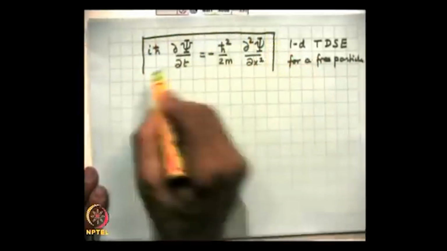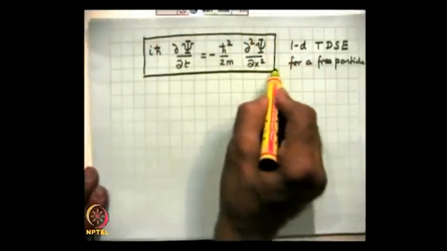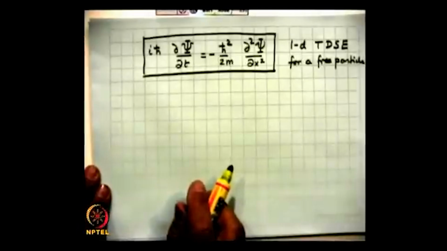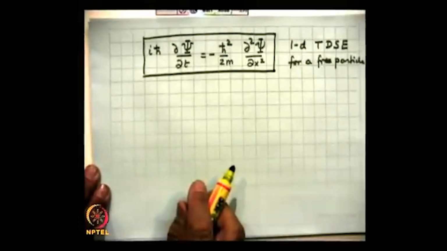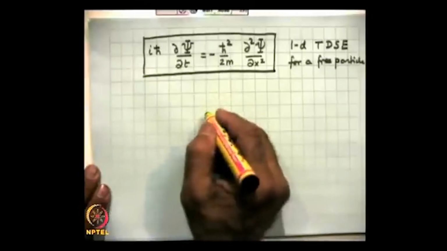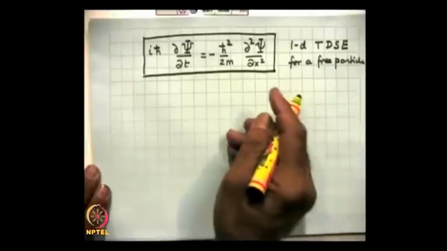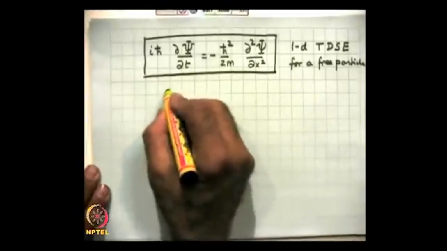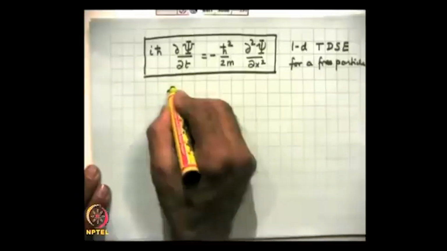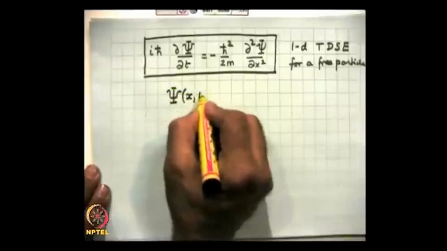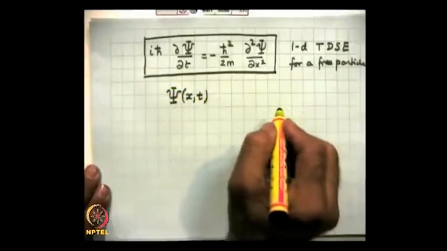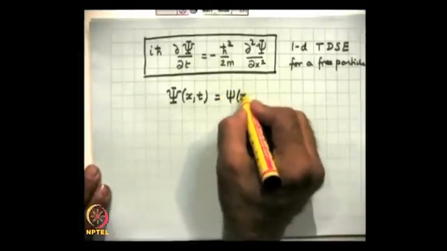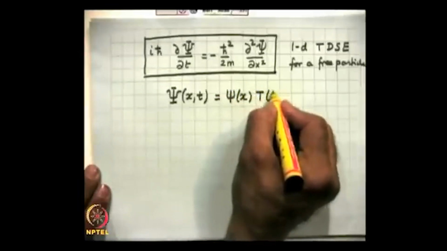We will obtain a rigorously correct solution of this equation. This is a partial differential equation. So, we will try to solve this equation with the help of the method of separation of variables. We will assume that psi of x comma t, as a function of x and t, is a function of x times a function of time.